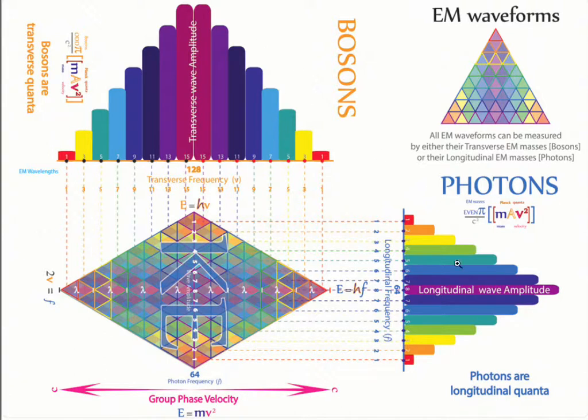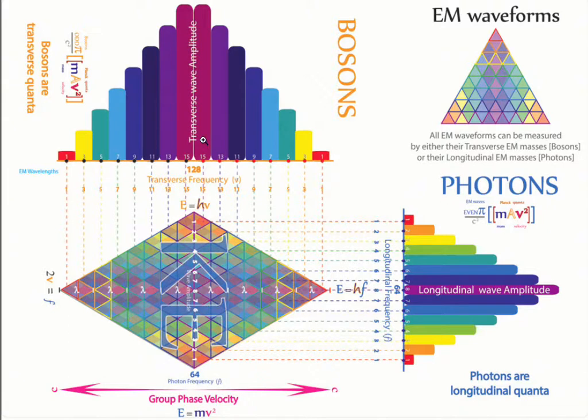And again, if we measure the boson energy content and their geometries and compare it to the longitudinal photon geometries, we see that there is a distinct difference between the geometries and what we measure. It's not just a case of measuring from a different angle.